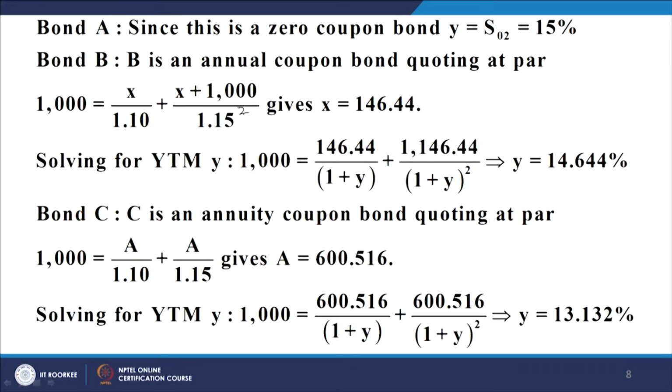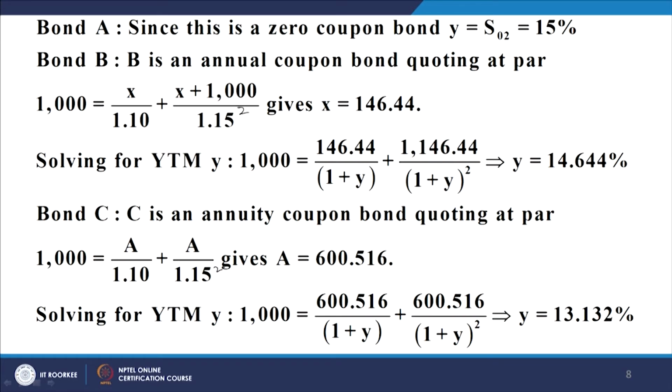Now, bond C is an annuity bond, that means it will make equal cash payments at the end of the first year and at the end of the second year, and it is quoting at par. So, the equation that we have to solve is 1000 is equal to A divided by 1.10 plus A divided by 1.15 squared.